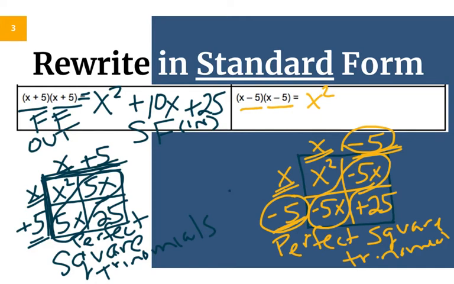So remember, if they're the same sign, you add those coefficients and keep their same sign of a negative. So that turns into a negative 10x. And if you notice, that's a little different than this positive 10x. All right. Now, the 25, that's the same, plus 25. So the only real difference was the sign in your middle term.